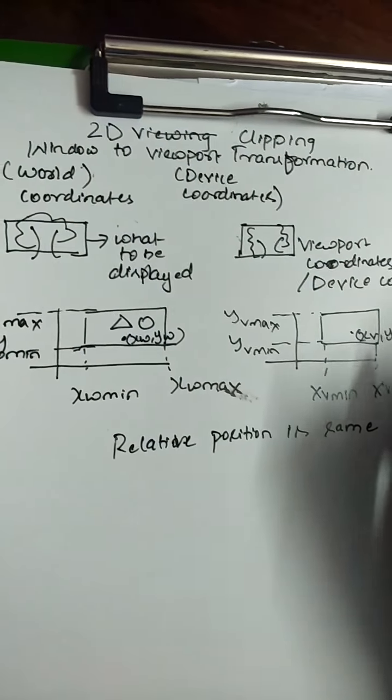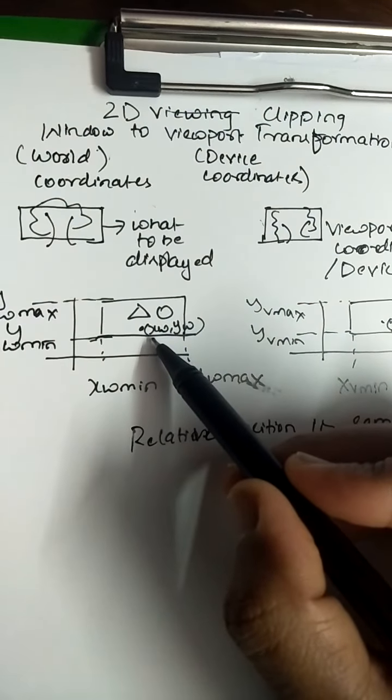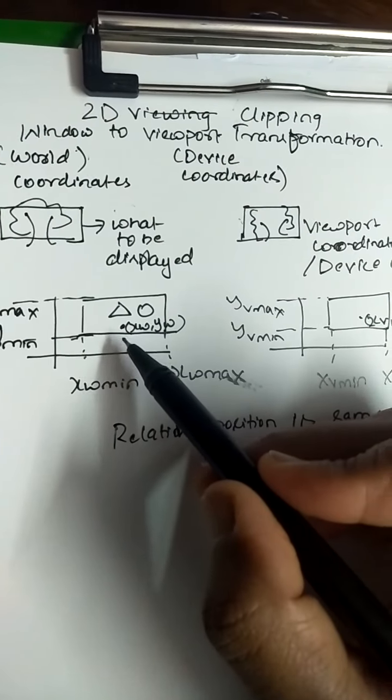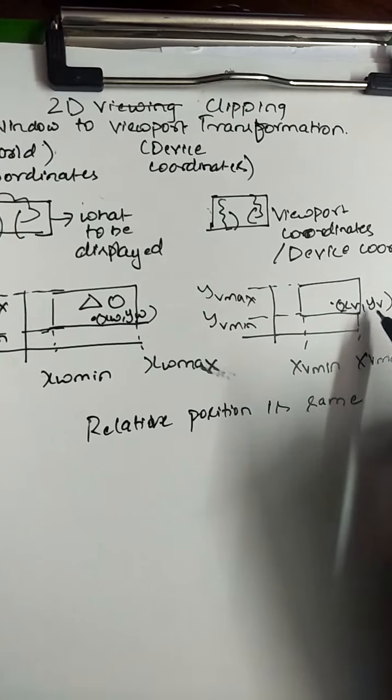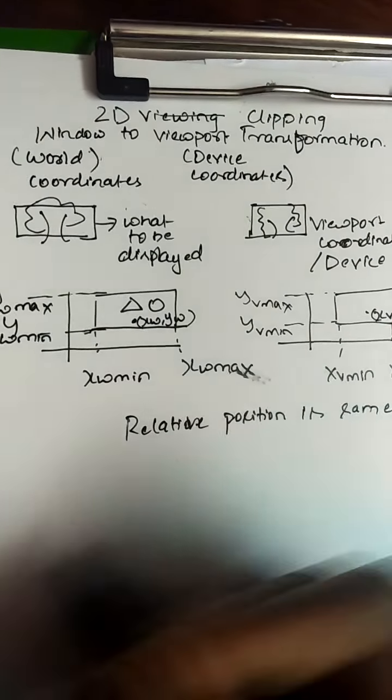We get to know the world coordinates very easily, but in order to draw to the viewport, we have to know the XV and YV values.